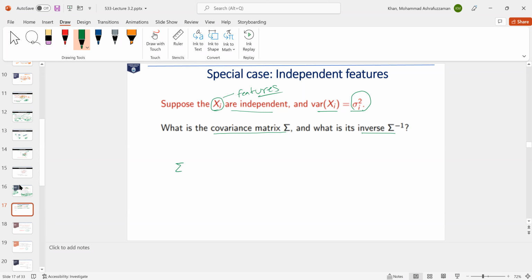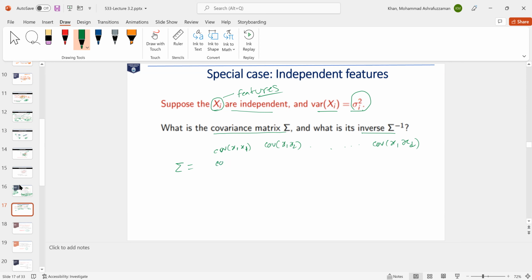So the covariance matrix will hold the covariance between x1, x1, covariance between x1, x2, until covariance of x1, xd. Suppose this is a case for a d-dimensional Gaussian.